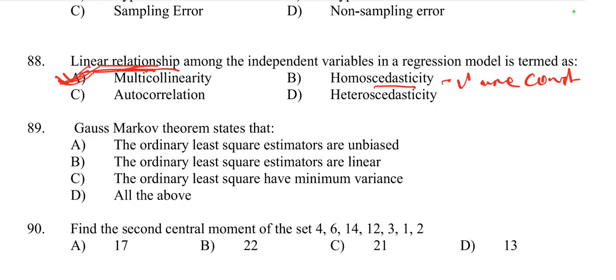Heteroscedasticity occurs when the variance of the error in a regression model is not constant. When variances are constant, it is homoscedasticity; when variances are not constant, it is heteroscedasticity.